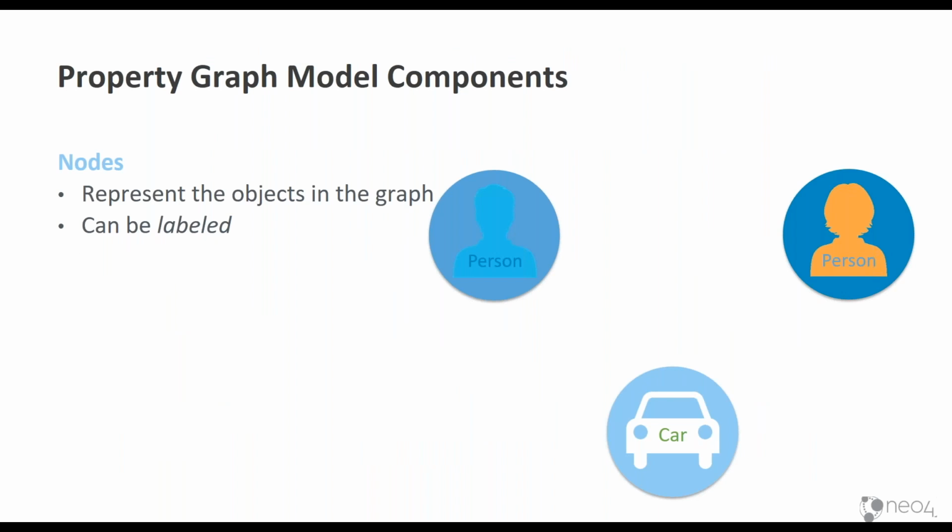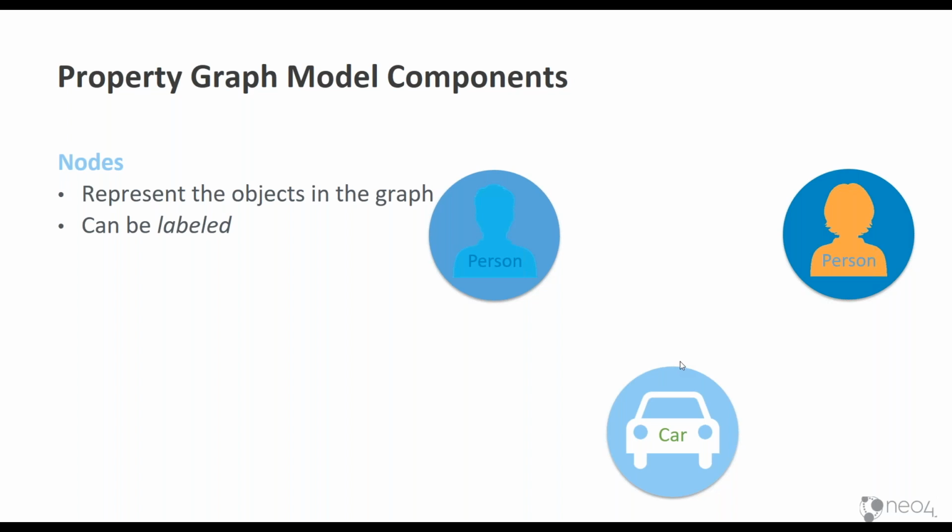So I'm going to give a brief overview of what a property graph database is, and we're going to start with the nodes. So the nodes, as we've got here, we've got a person node, we've got a car node, and a node, or in graph theory also referred to as a vertex. These are your units of information, and they're typically thought of as a noun. So a noun typically is a node, and we can also apply labels to them.